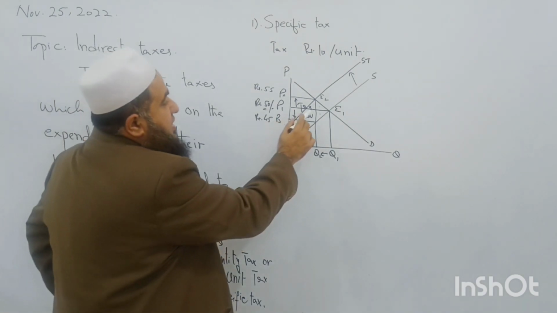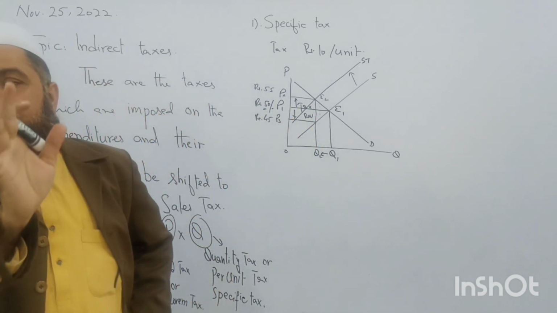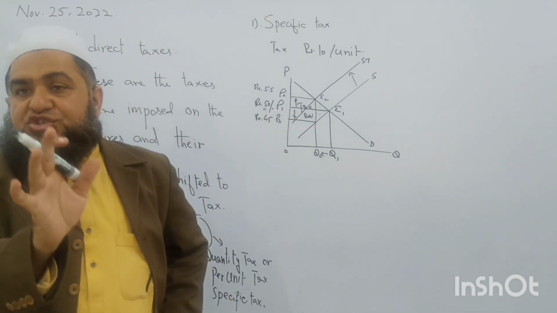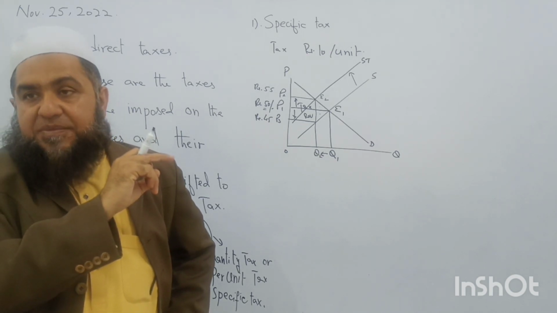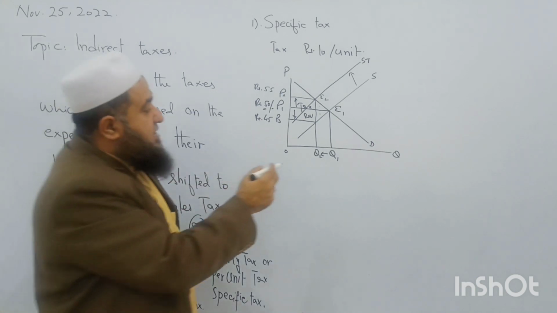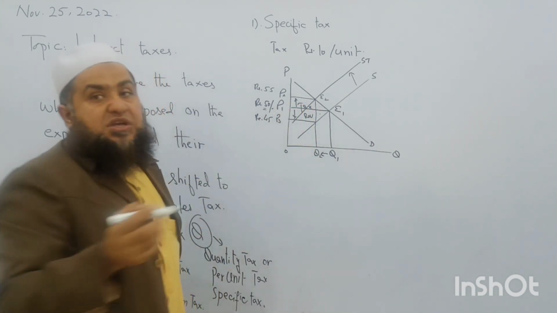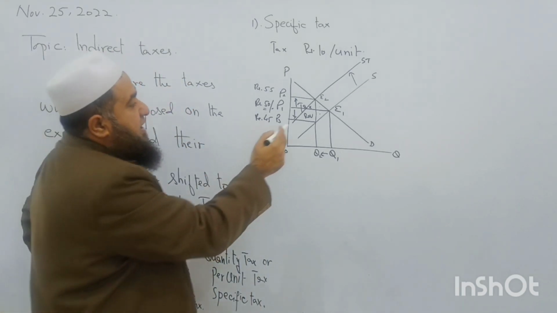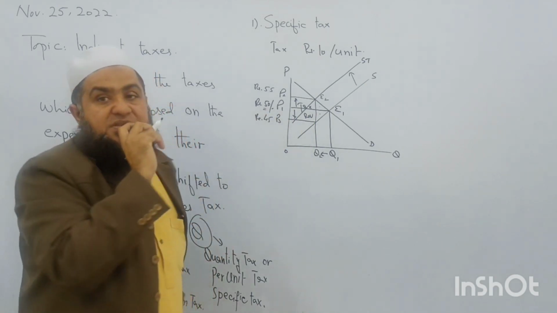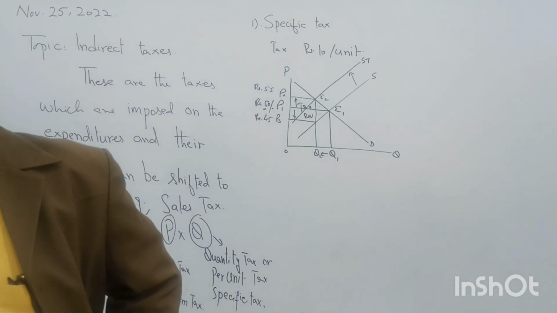This is the fall in consumer welfare, or consumer surplus loss of the consumers due to tax. Previously they were enjoying this area. Now due to tax, less output is produced and this is the decrease in consumer surplus or consumer welfare. And this triangle is showing us the loss in producer surplus due to the tax.